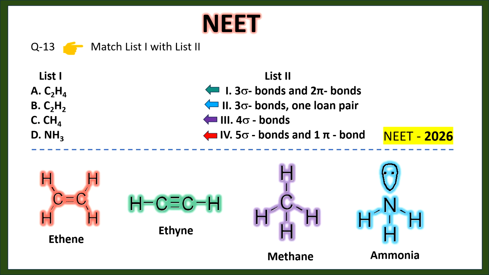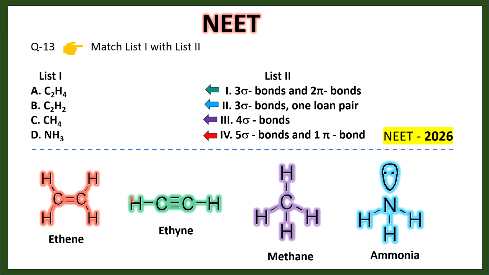So now another question: match list 1 with list 2. The first one is C2H4. We have drawn C2H4; this is ethene. Now what bonds are there? 1, 2, 3, 4, 5 sigma bonds and 1 pi bond.